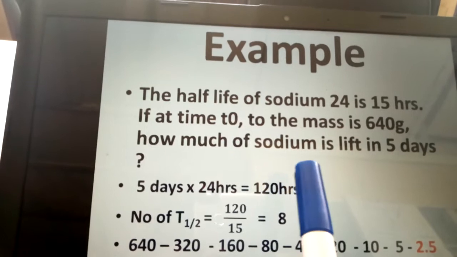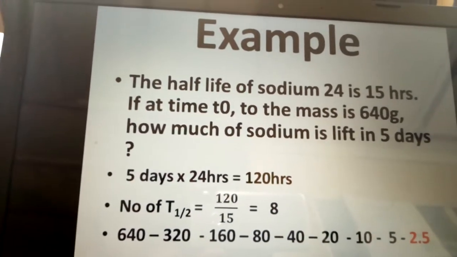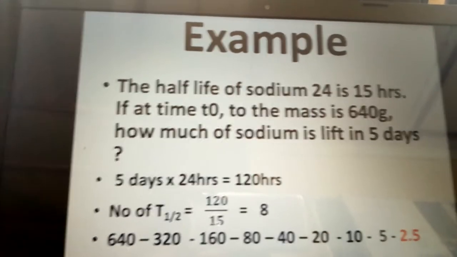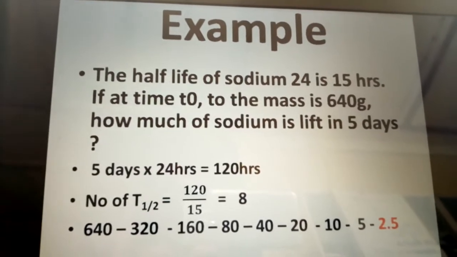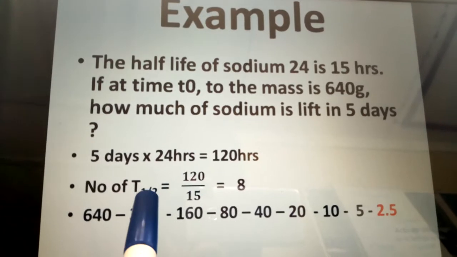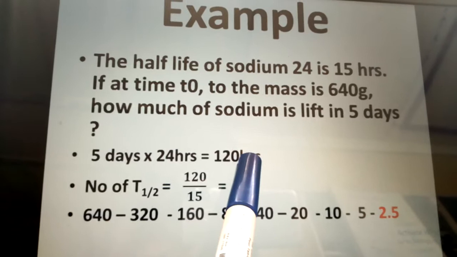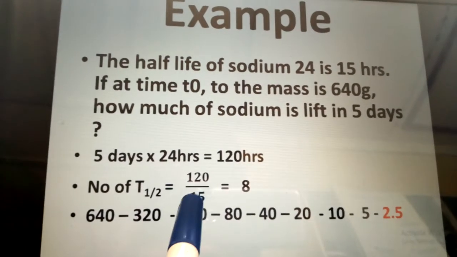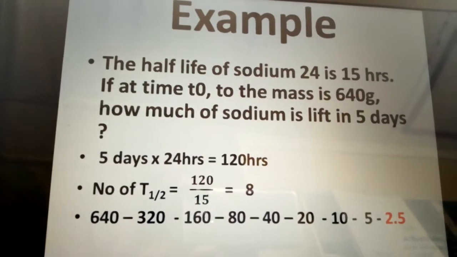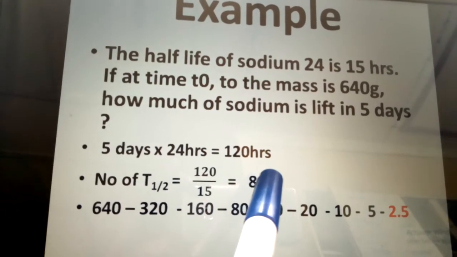So we are saying after 120 hours, what will remain, if we started with 640 and the half-life is 15 hours. To get the number of half-lives, we divide the total number of hours by the half-life. So one half-life is represented by 15 hours. 120 divided by 15, we get 8.